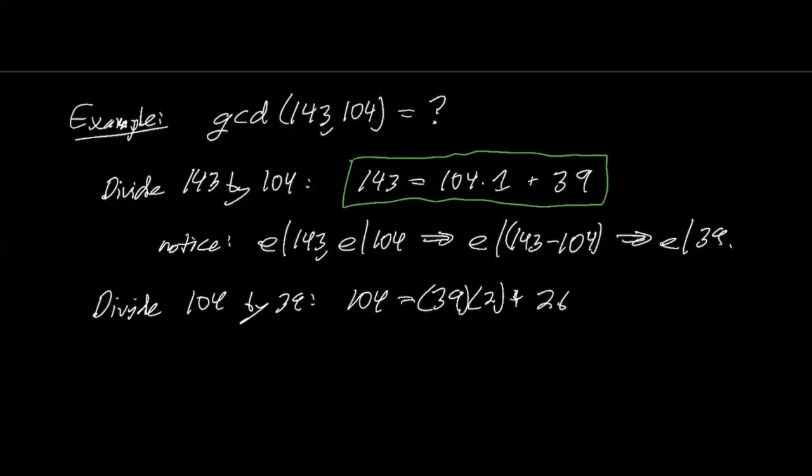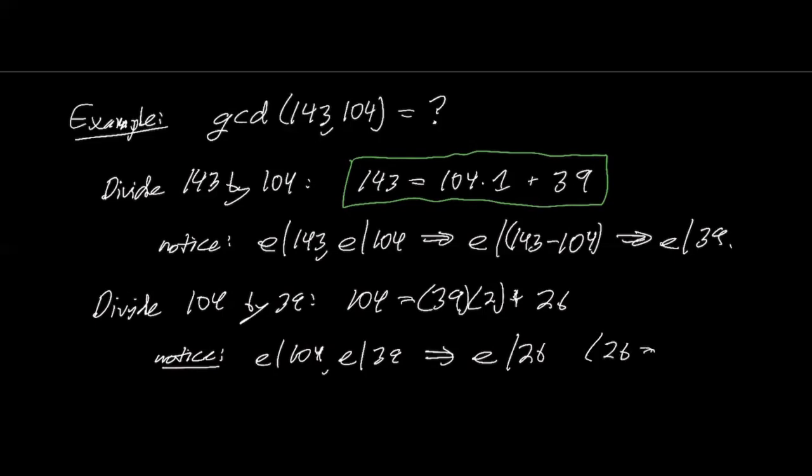So our common divisor E divides 104 and E divides 39. That means E is going to divide 26, because it's 104 minus twice 39. You could think of it as isolating the remainder. So our common divisor divides 26.